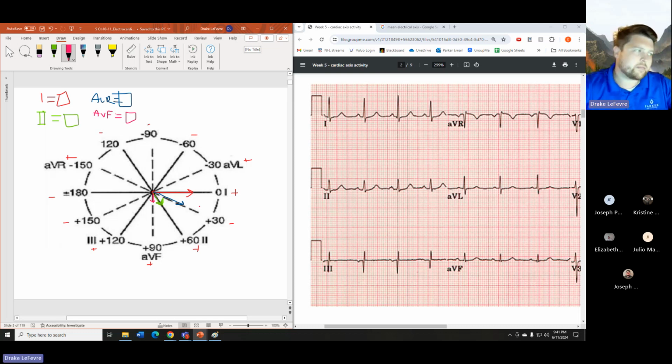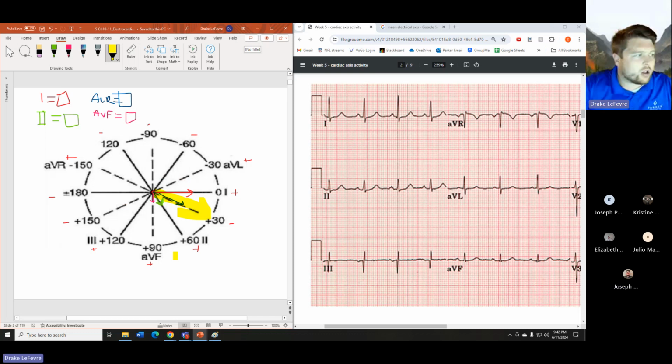So at this point, we can look at these and say, okay, if we were to add all these arrows up together, overall, it looks like our direction is going to be somewhere in this-ish direction. Does everybody see how I got that assumption? Yes.